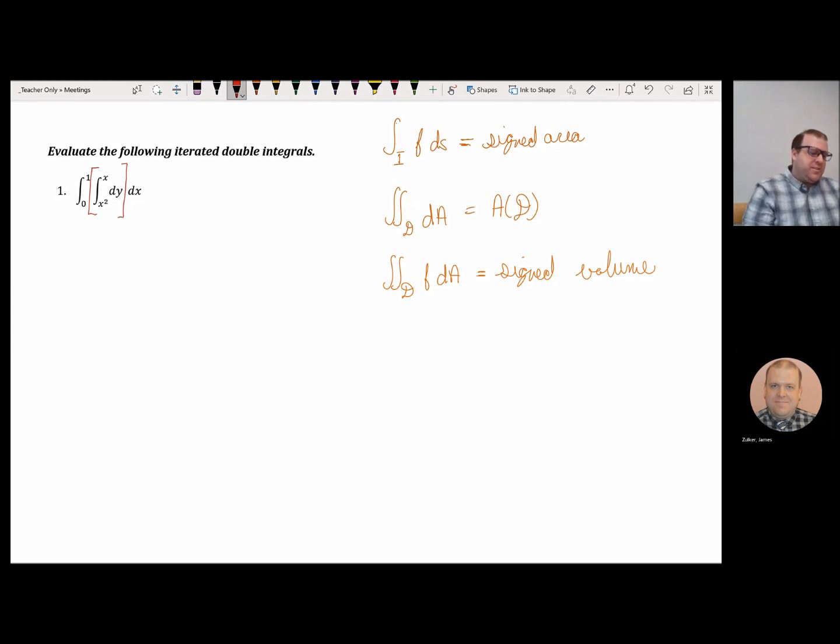So first we're going to integrate from x squared to x with respect to y. Well, that is just a length. So that inner integral is going to evaluate out to x minus x squared.